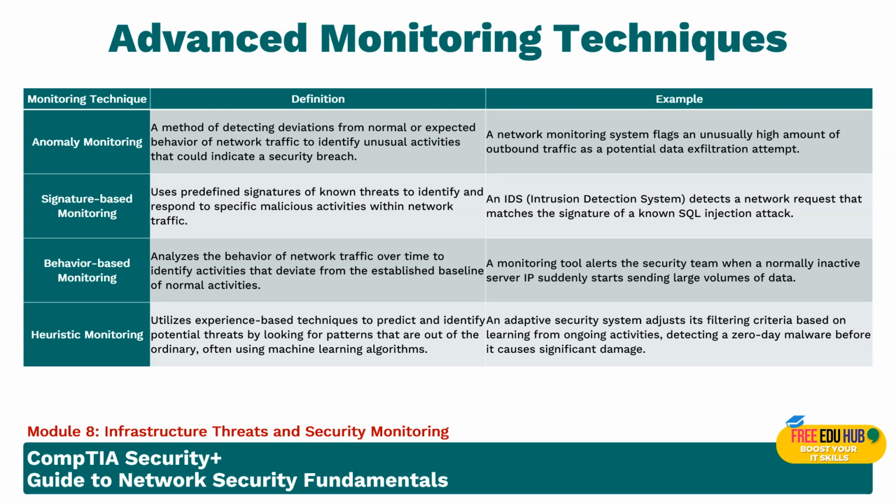This method builds profiles of normal user activities and network operations, making it possible to detect threats like zero-day attacks or insider threats which do not match pre-known signatures but still deviate from the typical patterns. For example, the tool alerts the security teams when a normally inactive server IP suddenly starts sending a large amount of data, so we know it's deviating from the normal behavior that we see on our network.